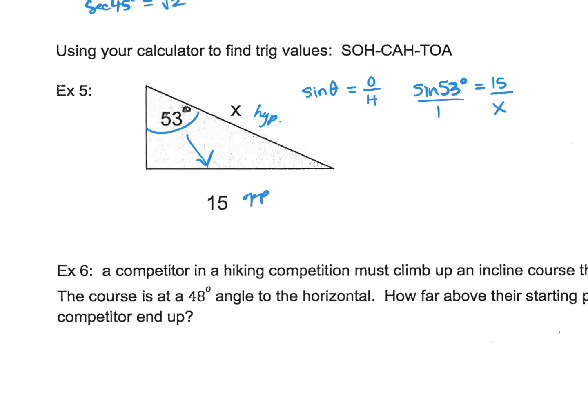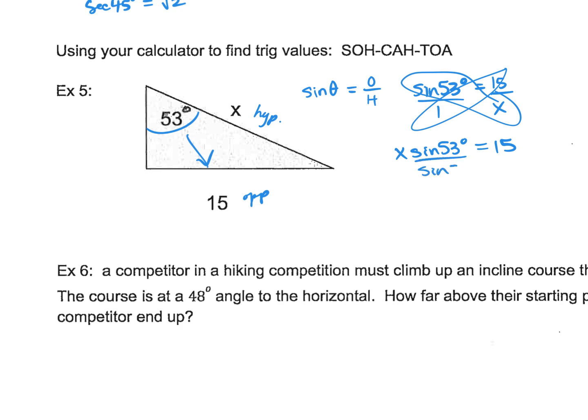Now if you have a proportion, what can you do across the diagonal of the proportion? You can just swap them, can't you? So we have x sine 53 equals 1 times 15, which is, now how do I solve for x?